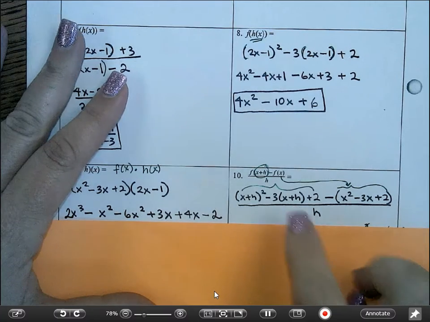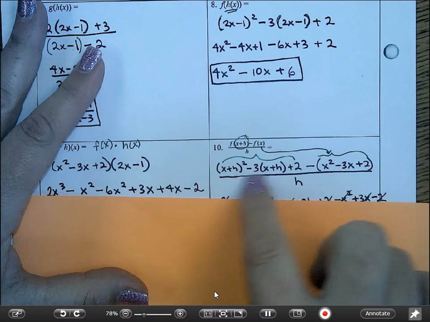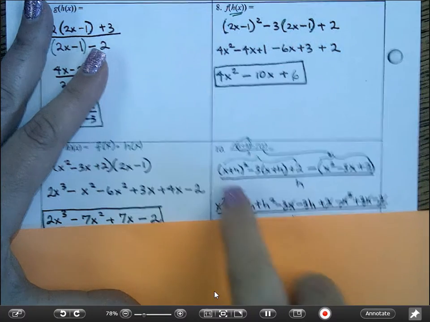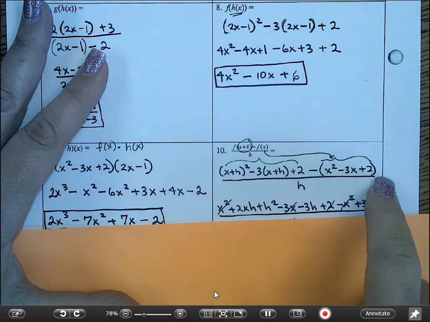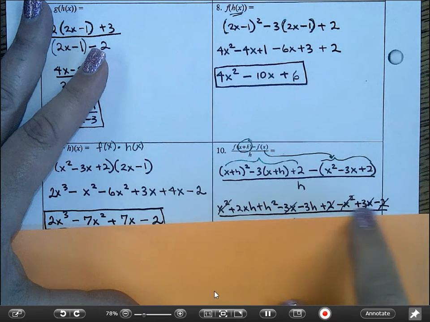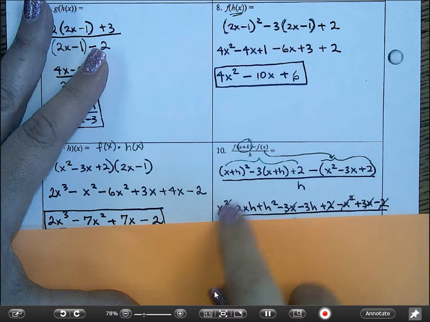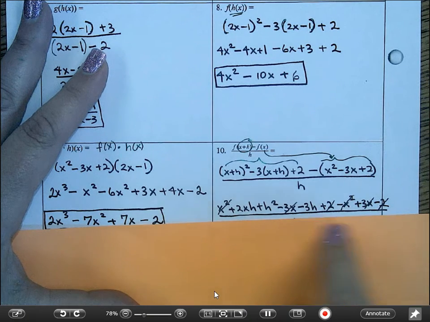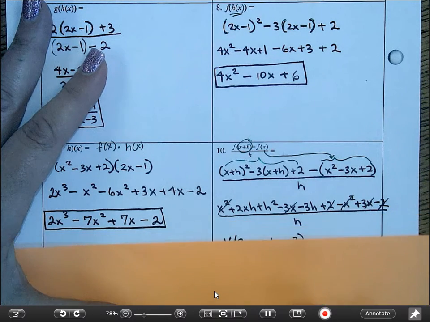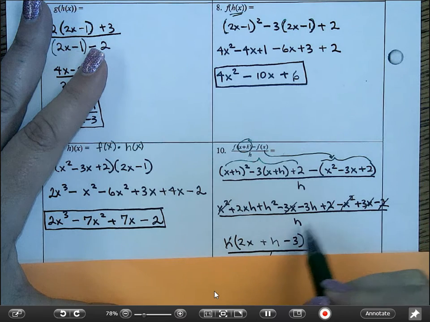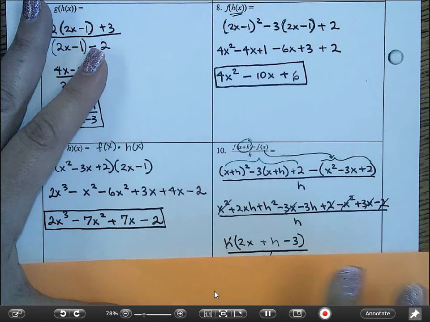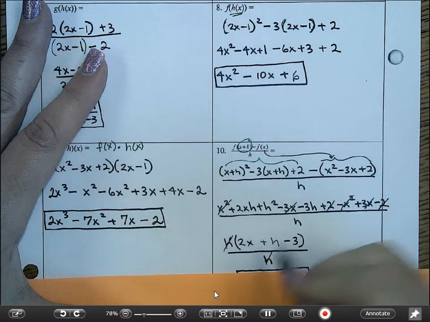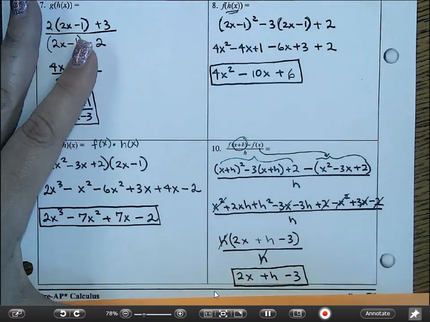We need to simplify all of the algebra, which means if you square this, multiply this out, distribute the negative, then you will find that you have this. You're going to cancel wherever there are like terms. Remember though, it's all over h, then you're going to factor out an h on the top, and then you are going to cancel, and this is what you are left with.